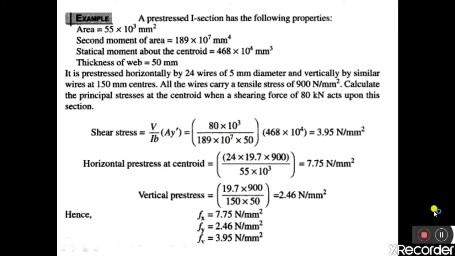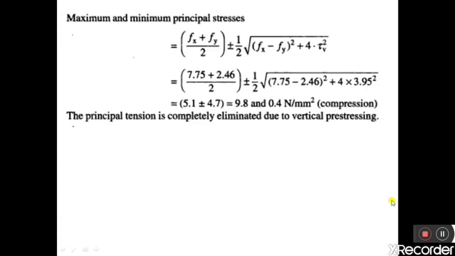Again, I will tell you, we use this formula to calculate shear stress when the statical moment about the centroidal axis is given, or when they ask us to calculate the shear stress above or below the centroidal axis at the support. And we know the formula to calculate the maximum and minimum principal stresses along the diagonal of the section.